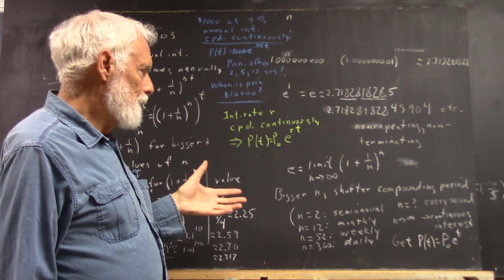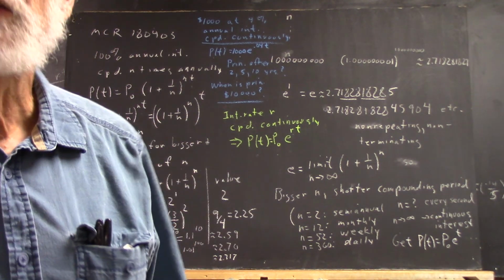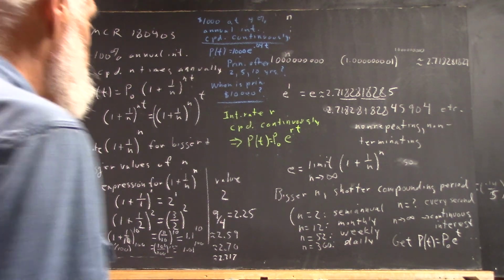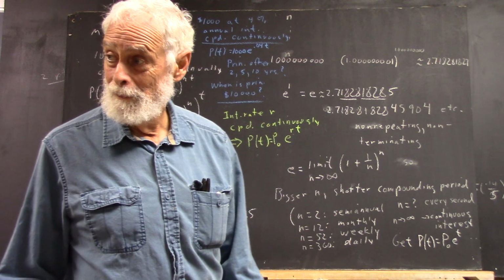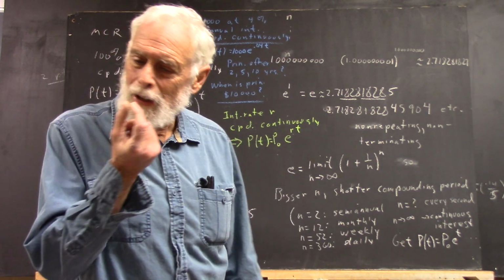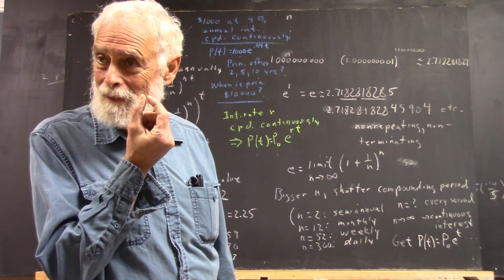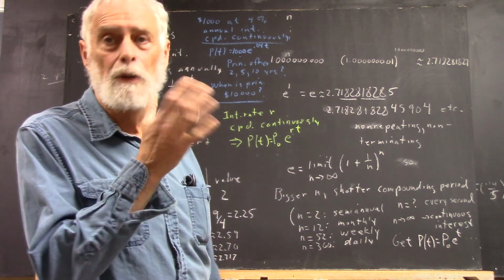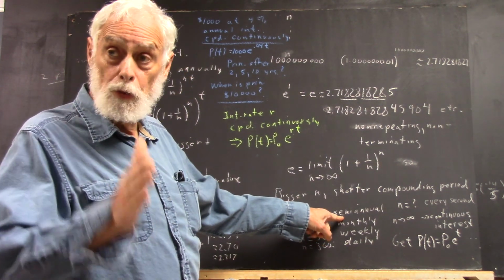Now let's look at what this has to do with compounding your interest, because n is the number of times you're compounding in a year. So as n approaches infinity, what happens to the length of time that you spend compounding? Well, it's going to approach 0. If n is 2, that means you compound your interest twice a year.